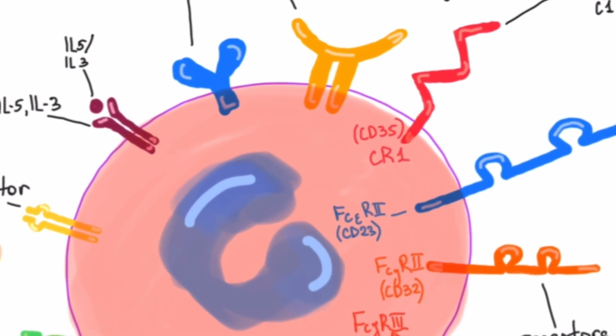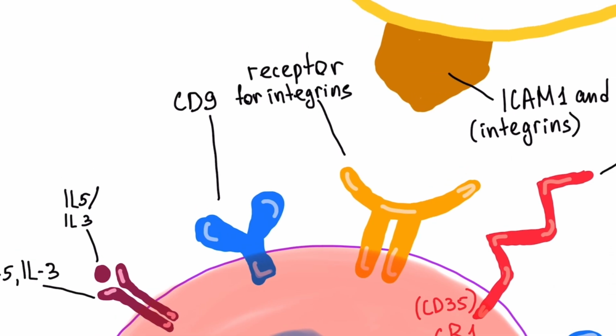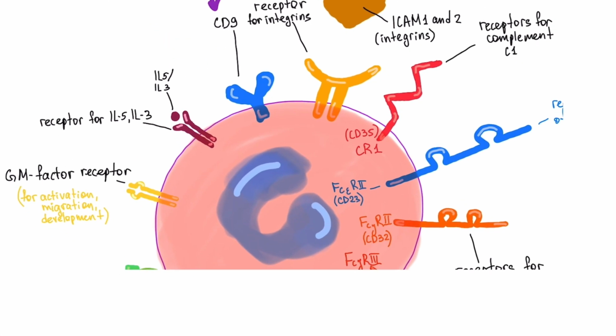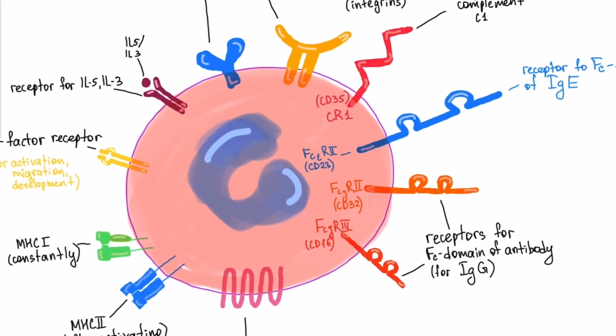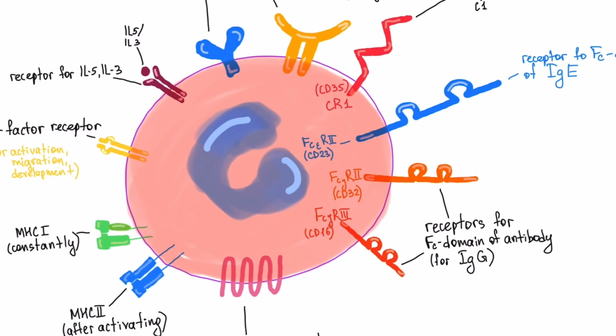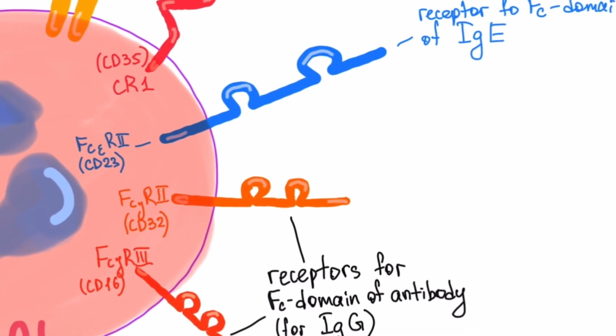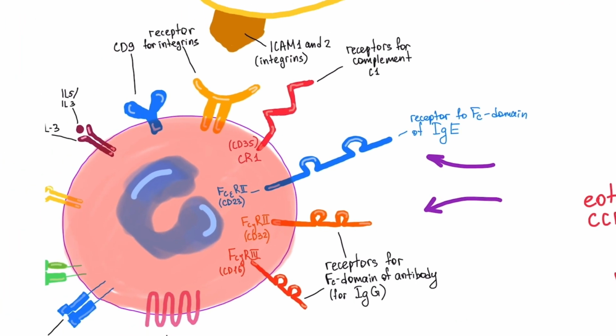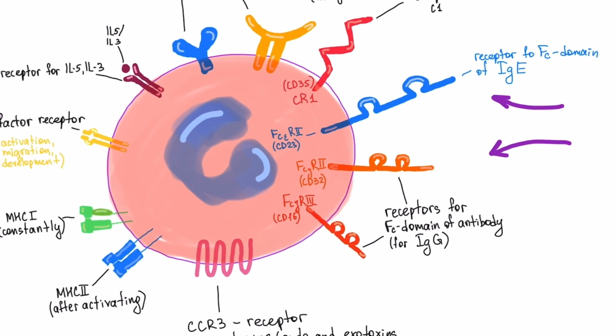First is CD9 and CD35. These are receptors for complement components. Also, they have receptors for IgG, Fc gamma R2 and Fc gamma R3. And also, they have receptors for IgE, it is Fc epsilon R2.